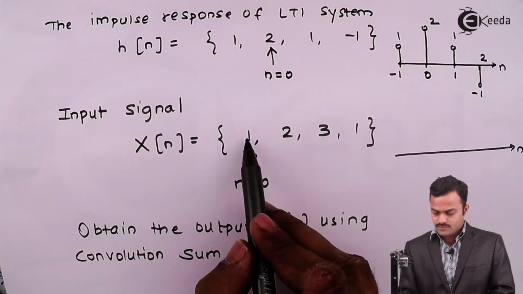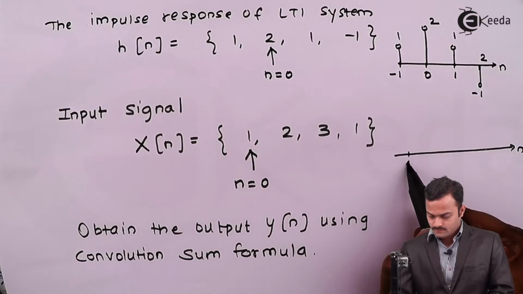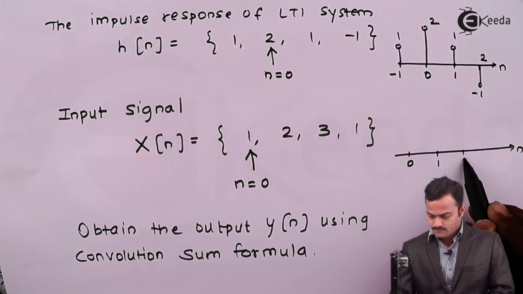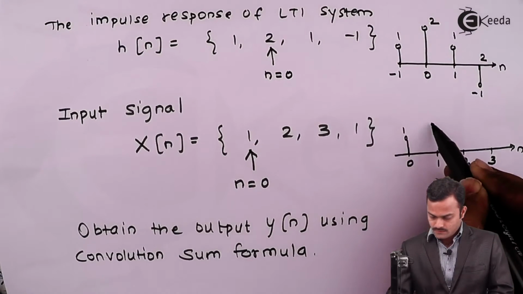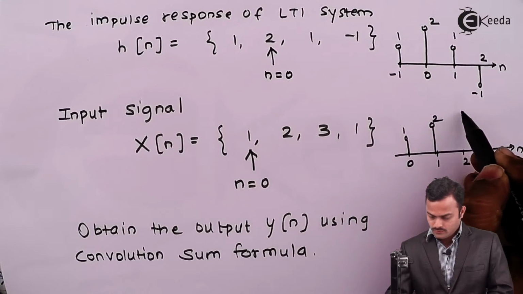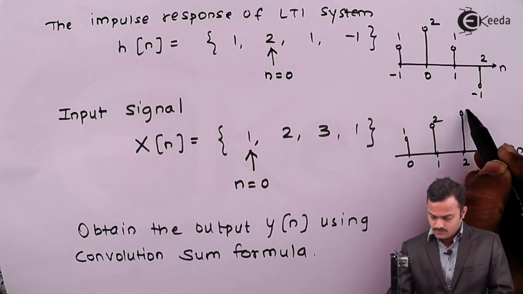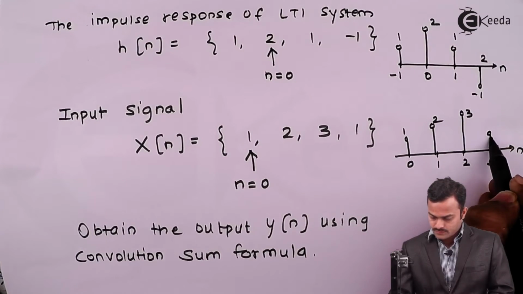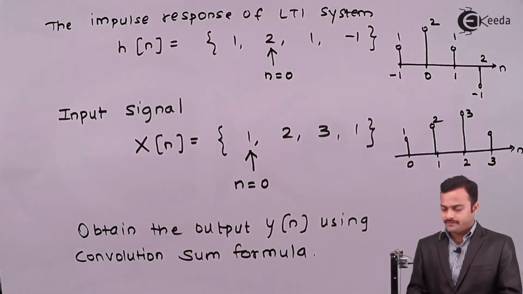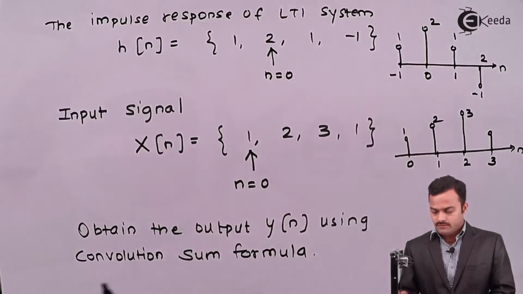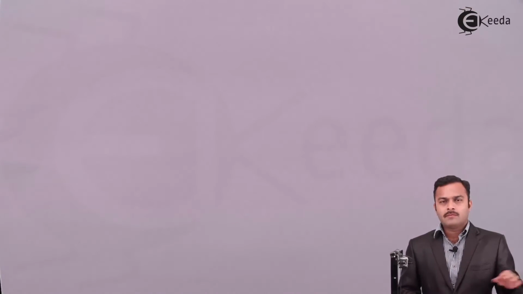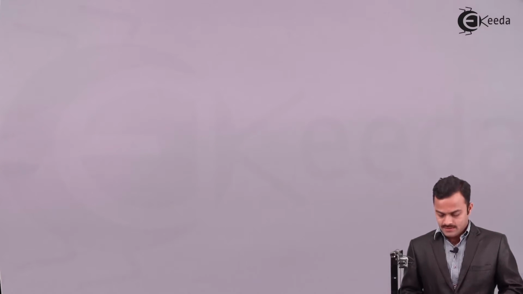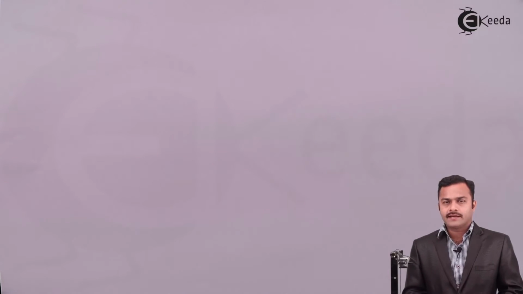And x of n will have the span from 0 to 3, with the values 1, 2, 3 and 1 for n equal to 3. These are the two signals that we have. Now with the help of these two signals, we will see how the convolution will look. Step number 1 is to replace this n by k to obtain h of k and x of k.